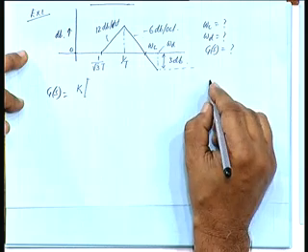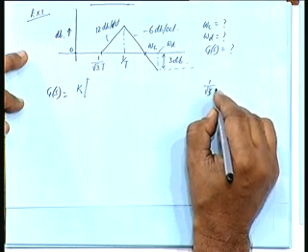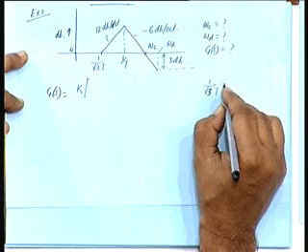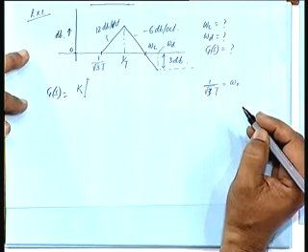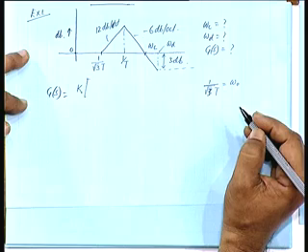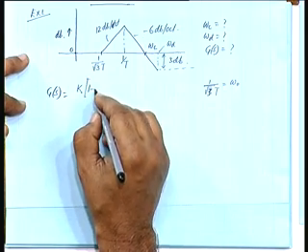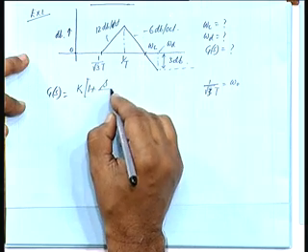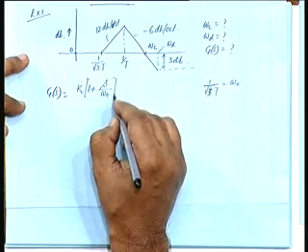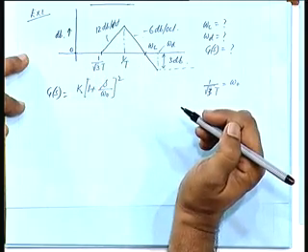Okay. So, 1 by root 3 t, let me call it omega 0, then it will be 1 plus s by omega 0 whole square. This is 12 dB per octave whole square, all right.